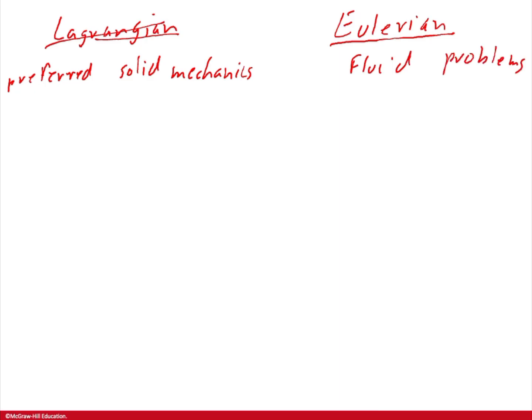Okay, and notice that I've used the word preferred, right? That means you can still use an Eulerian or Lagrangian description for fluid problems. It's just not the most convenient way. So most of the time, all the equations you will see will be in Eulerian form, right?